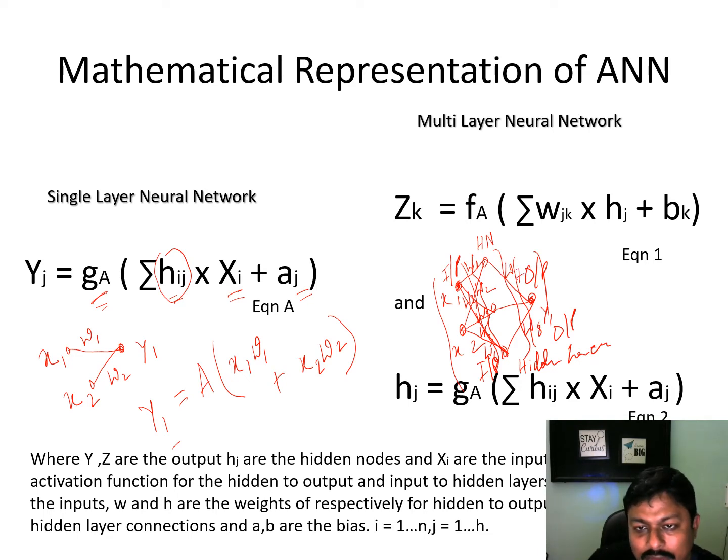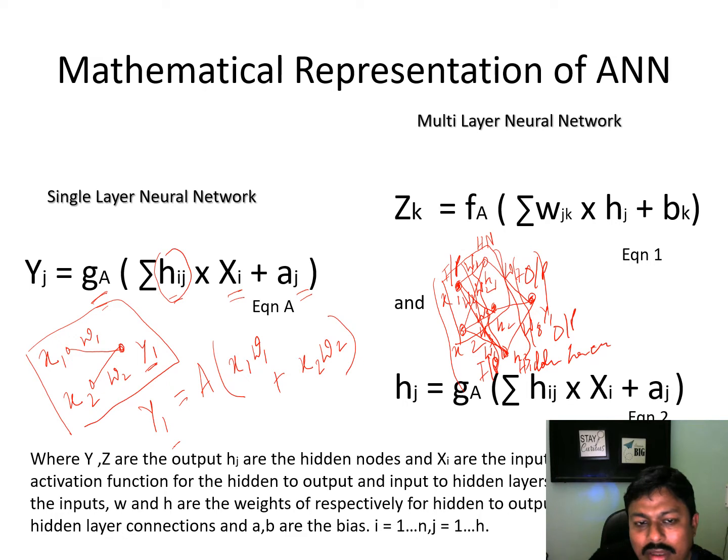So if the hidden nodes are named H1, H2 and H3, now you see this part of the network is exactly the same as this one if you replace Y1 with H1.